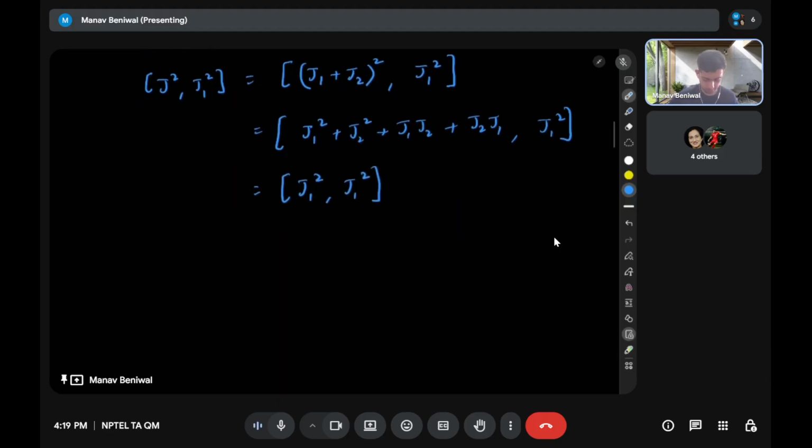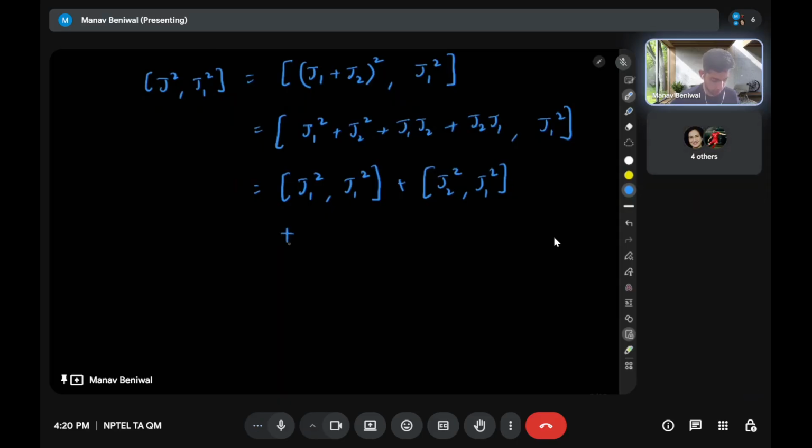Then we will have j2 squared comma j1 squared, and then we will have a couple more terms: j1 j2 comma j1 squared plus j2 j1 comma j1 squared. So we'll have these four terms.